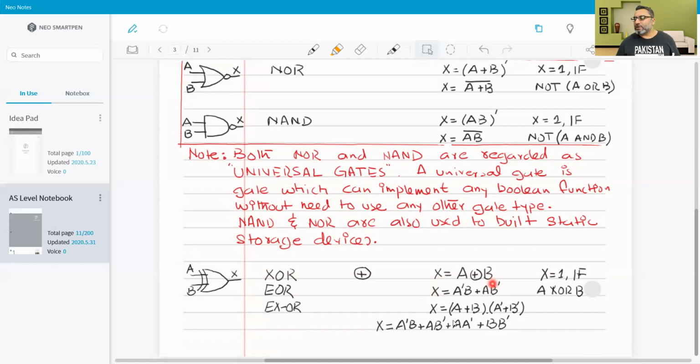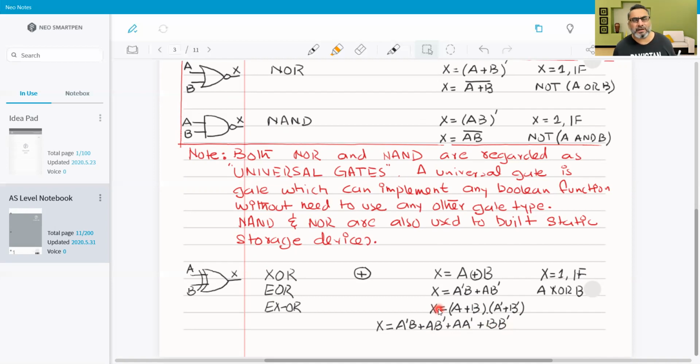So the formation of exclusive OR is either of these four, but the most famous one is this: X is equal to A exclusive OR B. It can also be represented this way: X is equal to A naught B or A B naught, or X is equal to A plus B and A naught plus B naught, or X is equal to A naught B plus AB naught plus AA naught plus BB naught.